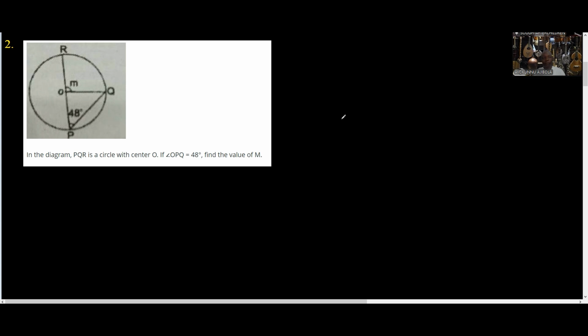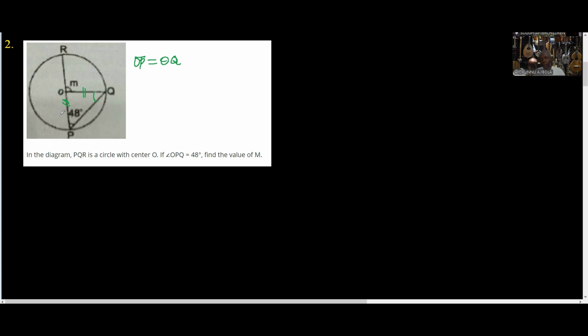Yes, sir. It says we should find angle M. We should find the value of M. So to find M, we can use the same principle that we just finished using because this will be equal. Line OP will be equal to line OQ because they are in an isosceles triangle.